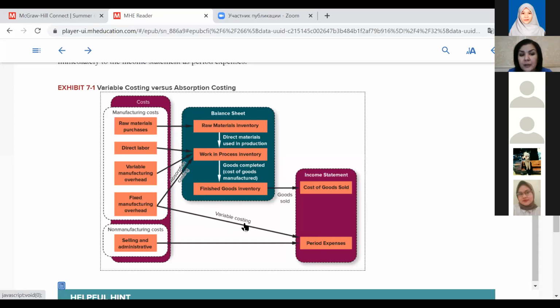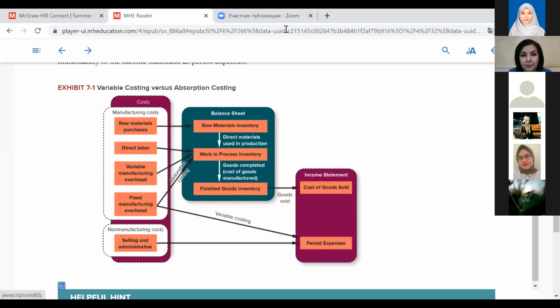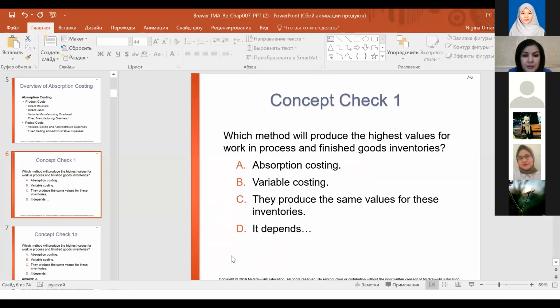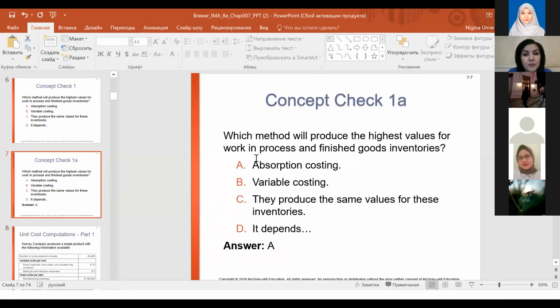We simply expense them directly to the income statement, and that's why the value of goods manufactured will be lower. So which answer is correct? A, yes, absorption costing.